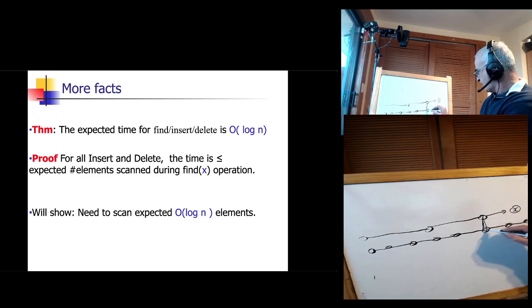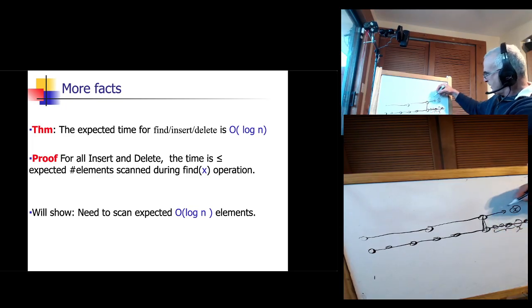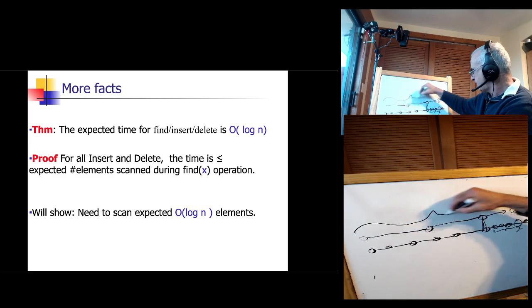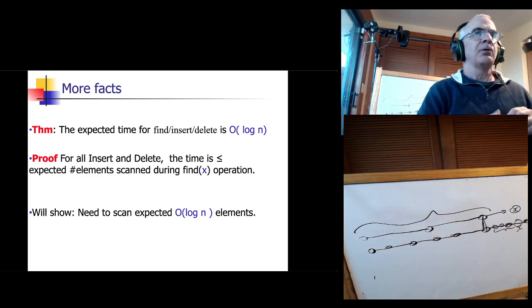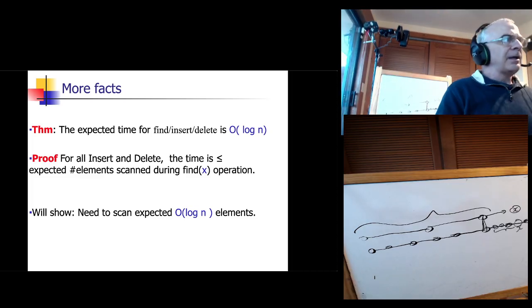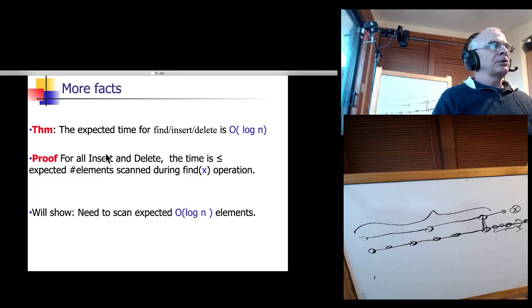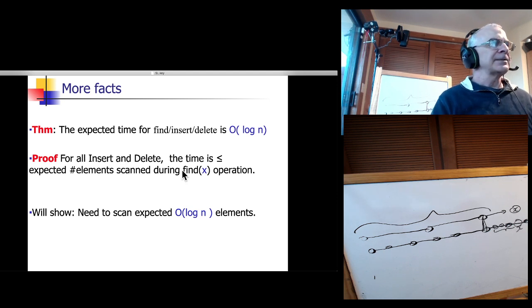And now I go down and I need to scan another few elements until I see that X will appear right over here. So I need to scan a few elements here. I need to scan a few elements in level 2, possibly the same for other levels as well. So there is quite some work to do. Why is this a log n in this case?